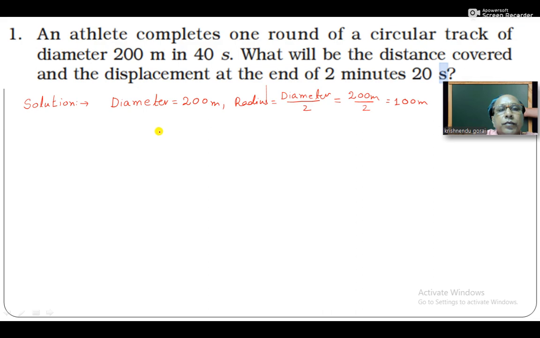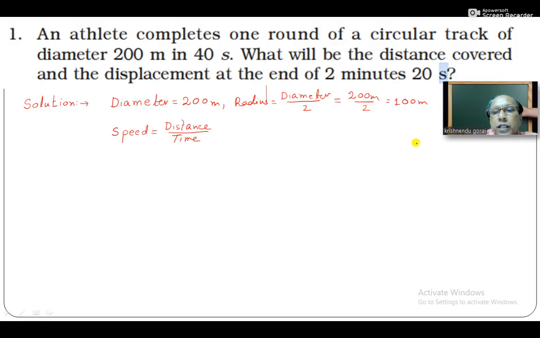Now, we will find the speed of this athlete. What is the speed? The speed is equal to distance by time. We know this formula, right.